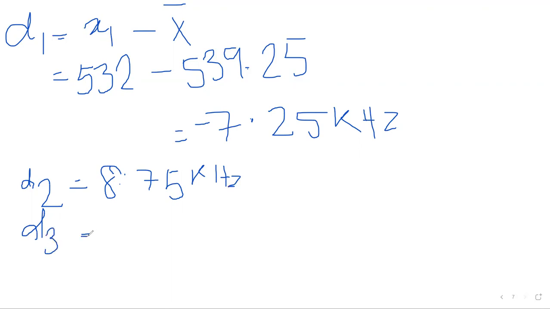Ma'am, plus 3.75 kilohertz. Yes, 3.75 kilohertz. Very good. Next comes D4. What will D4 be? For D4 the observation is 535. 535 minus the arithmetic mean. What will be the answer? Ma'am, minus 4.25 kilohertz. Yes, very good. Minus 4.25 kilohertz.